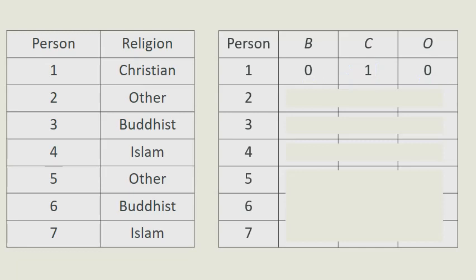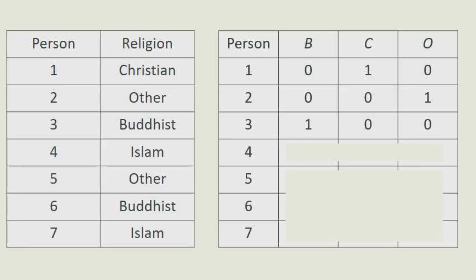The second person is other, so they get a 1 for variable o, and the rest are 0. The third person is Buddhist, so they get a 1 for variable b, and the rest are 0.